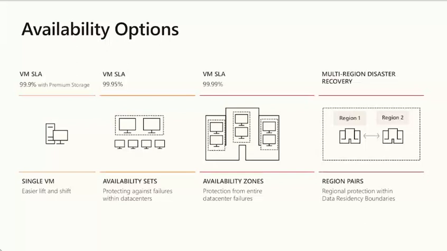But you also choose what is called managed storage. If you choose premium and managed storage, Azure will give you 3 nines for that single VM. So you can still get an SLA for a single VM. But most times when you have a virtual machine running inside of Azure, guess what? You're going to put them in a zone or a set depending on what's available inside of your region.